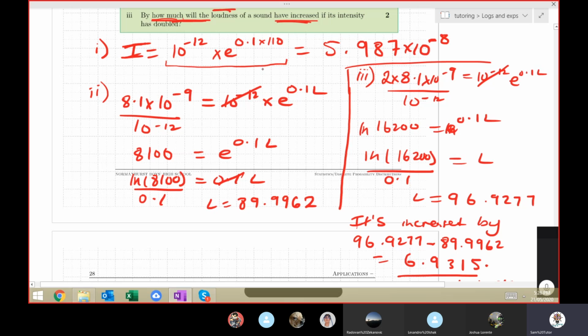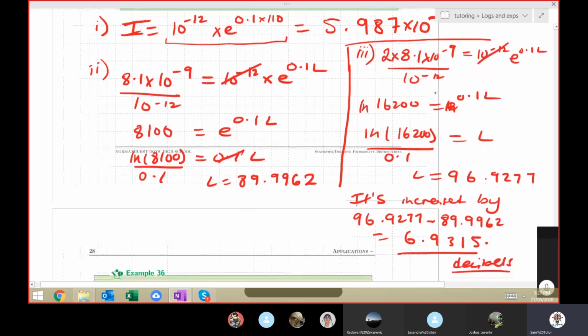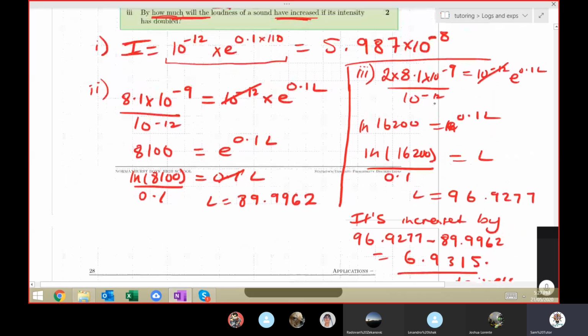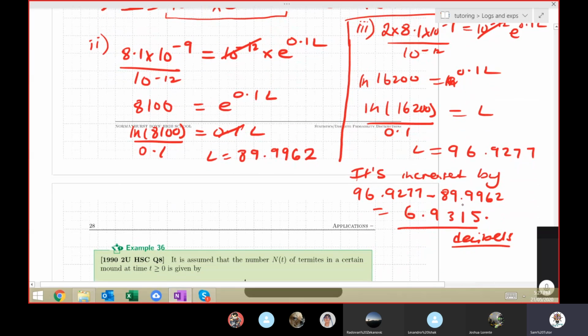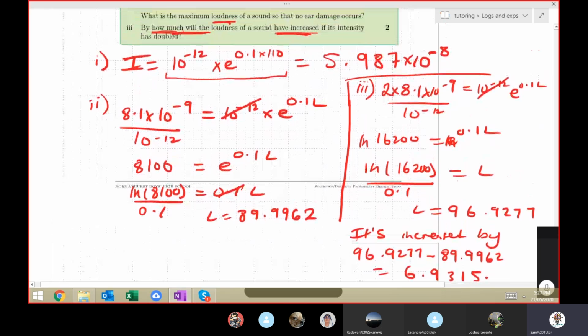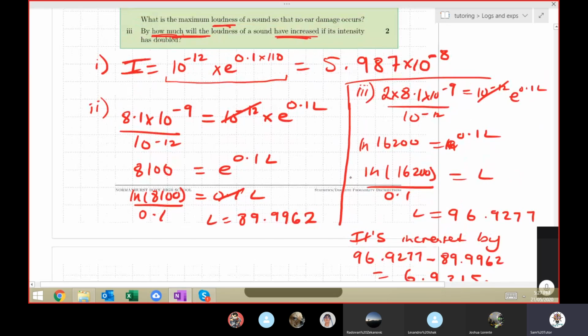You have to actually write, the chicken will take 45 minutes to cook. Same thing: by how much will the loudness have increased? I actually wrote it's increased by 6.9315 decibels. If you don't write it's increased by, you just write 6.9315, from 2008 onwards they decided no more. We're not going to give marks because you're not actually answering the question. You have to answer the question.